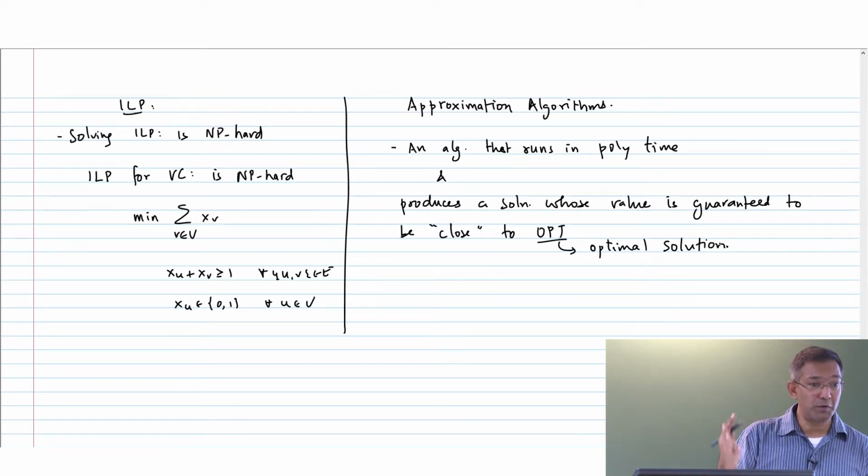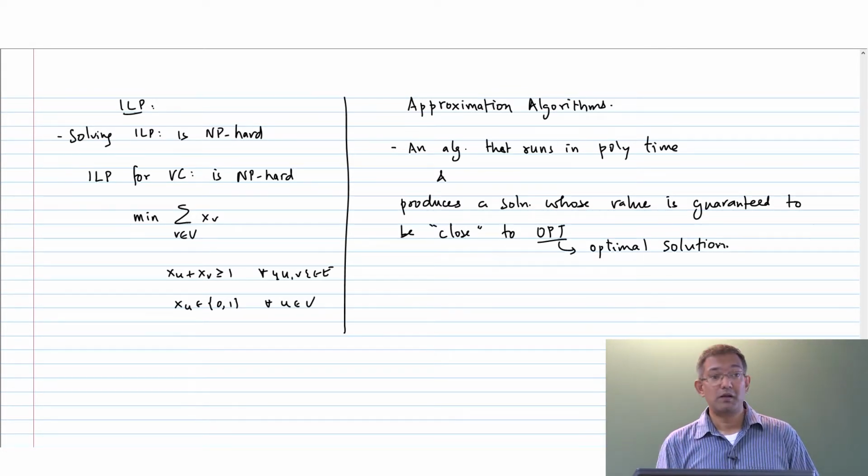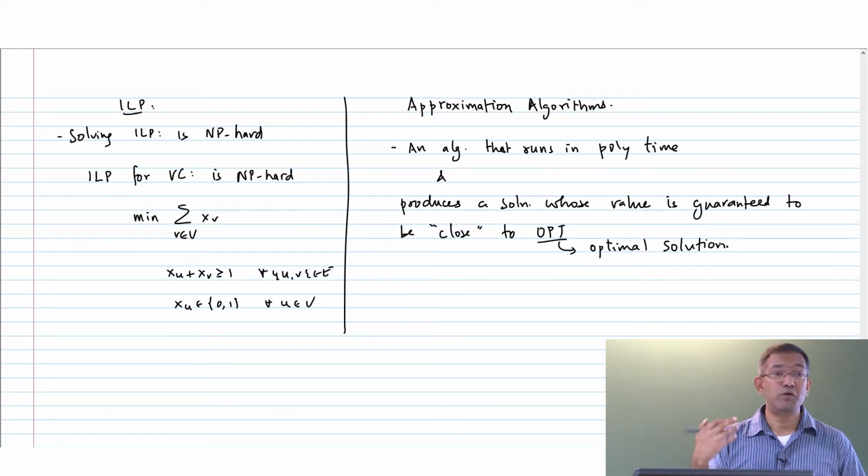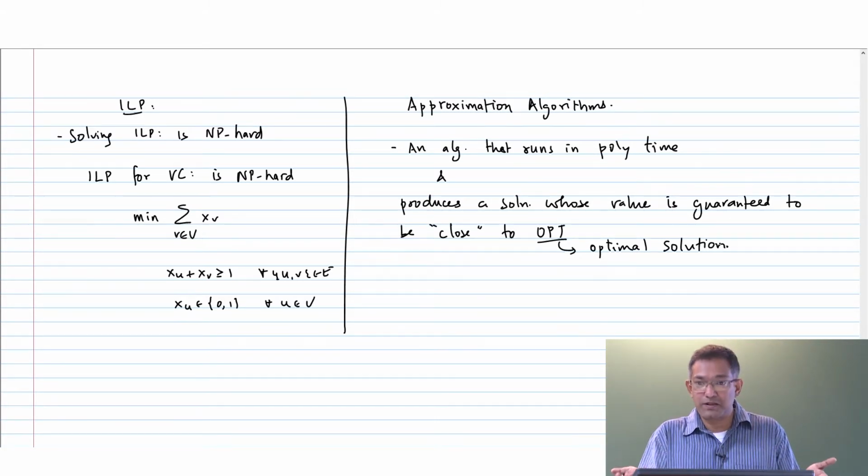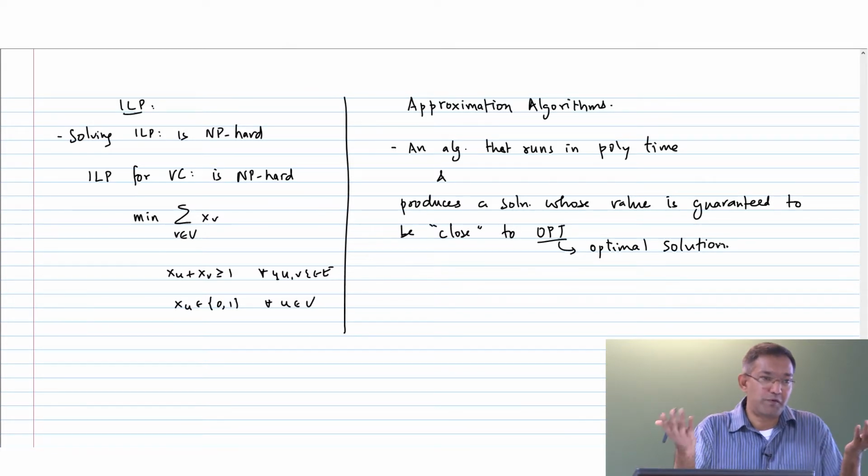Let us use opt to denote the optimal solution. We will abuse notation and use opt also to denote the value of the optimal solution. Also the set, opt will denote both the set of vertices in the minimum vertex cover, as well as the value, the number of vertices.